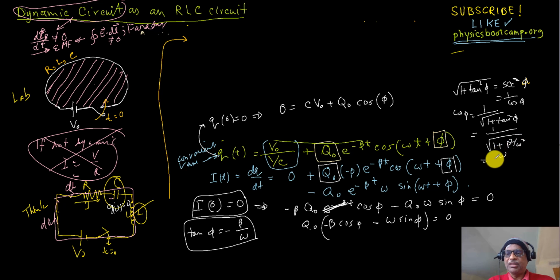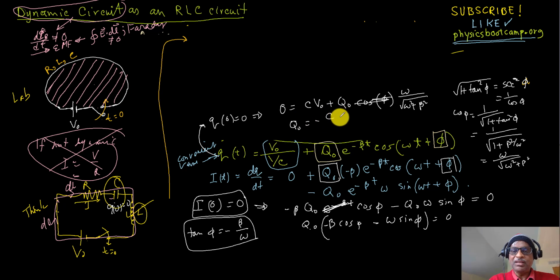So this is omega over square root of omega square plus beta square. So q0 in our problem is minus C square root of omega square plus beta square over omega times V0.